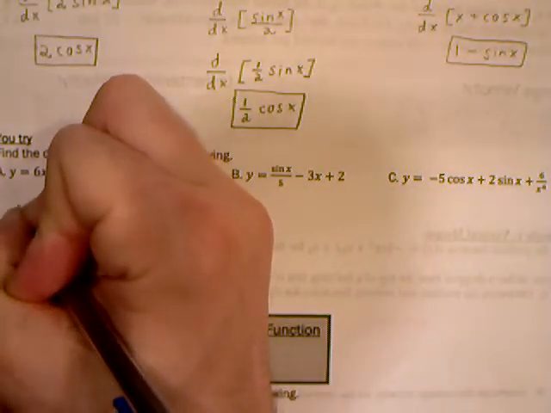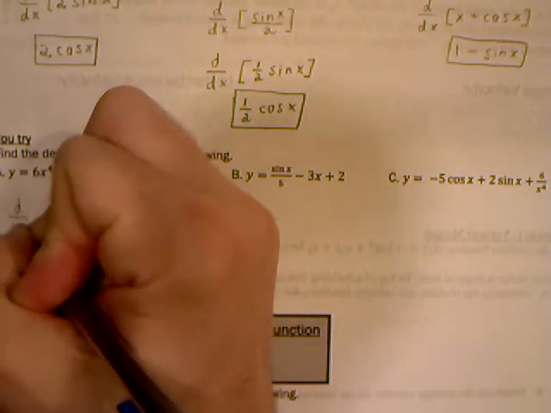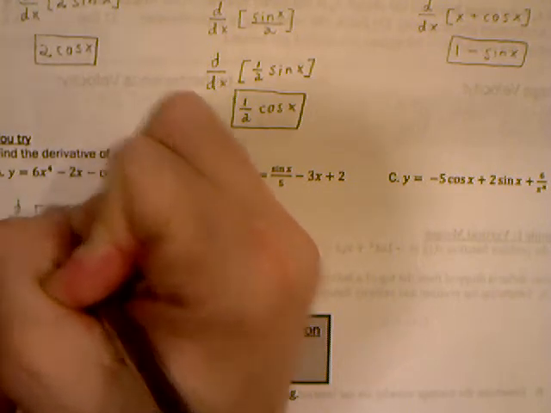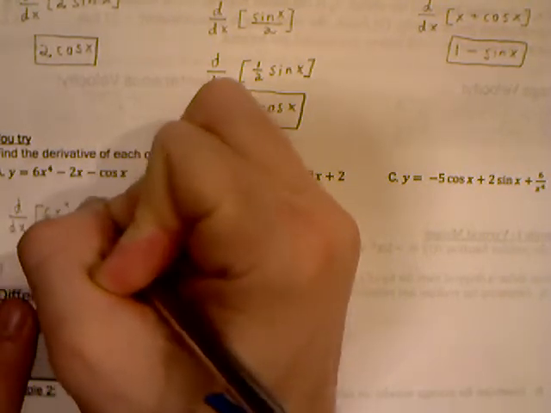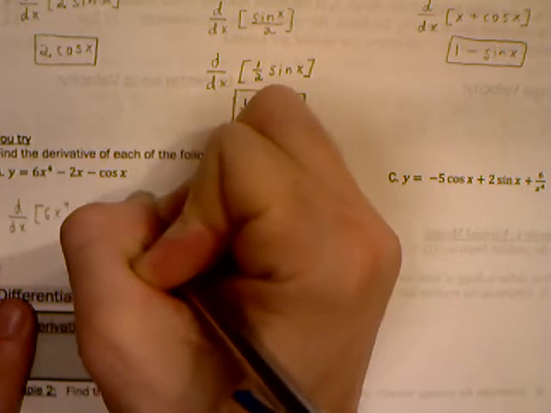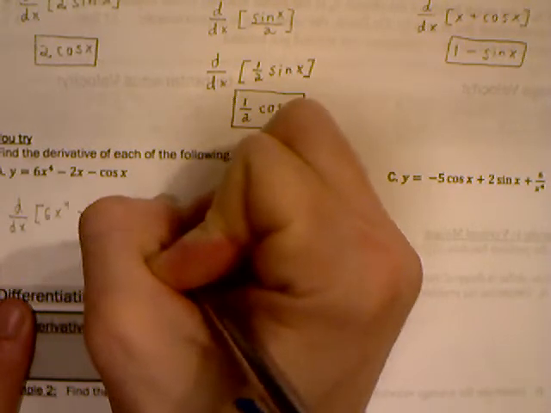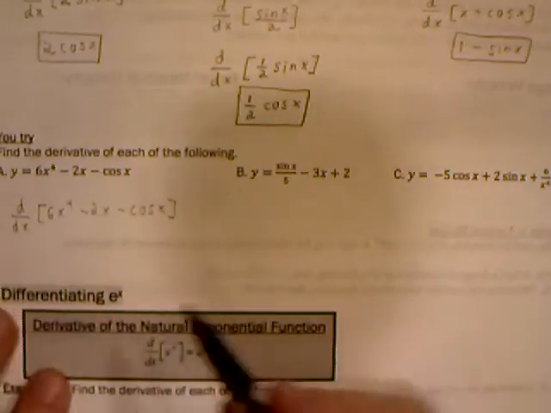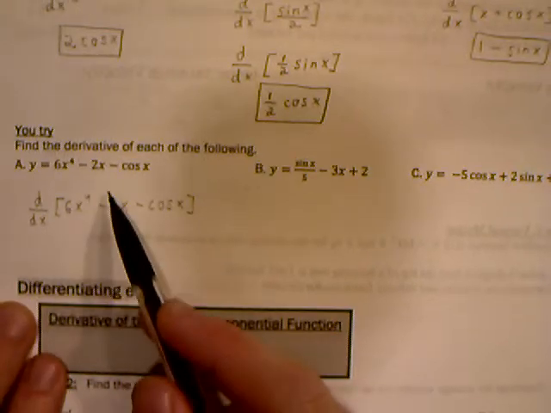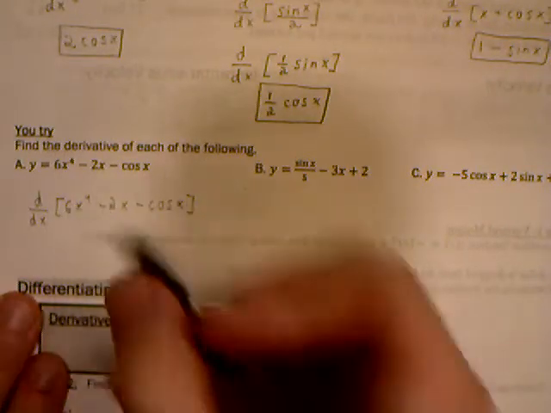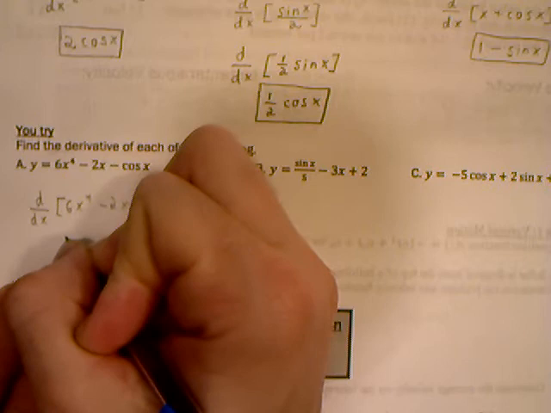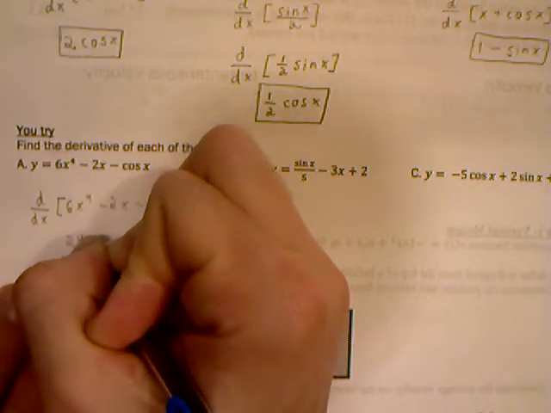So if I take the derivative with respect to x of 6x to the 4th minus 2x minus cosine x. Alright, well, let's apply the power rule right here. I'm going to bring the 4 to the front and multiply. I'm going to multiply the 4 by 6 and have 24.